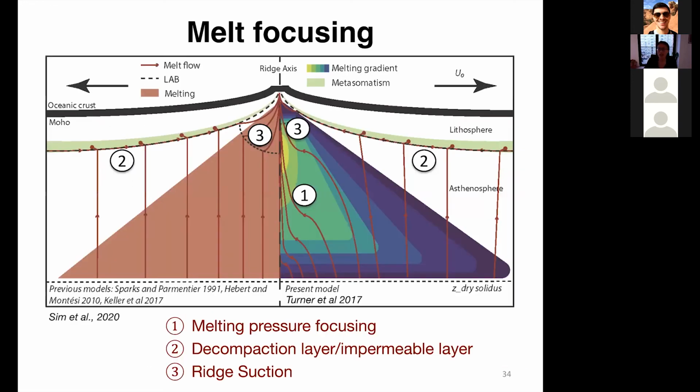So now I'm back at this illustration where I show that on top of the two melt focusing mechanisms that have been previously recognized, we also recognize this melting pressure mechanism that focuses melt very deep in the melting region. You might start to wonder, why do I care about these melting mechanisms at mid-ocean ridges? Why does it matter? Well, there are a lot of implications.